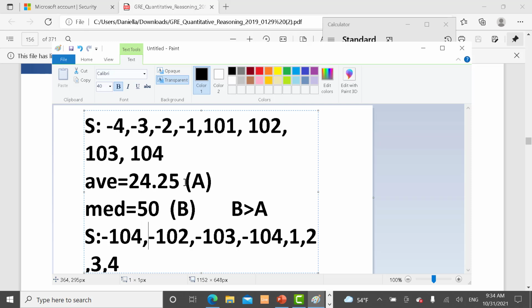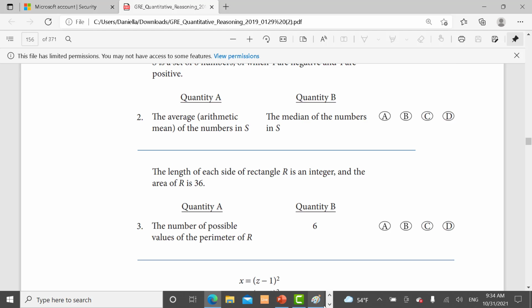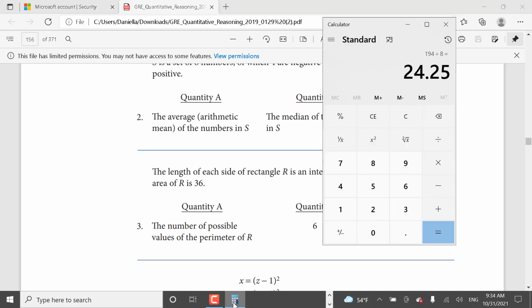It should be -104, -103, -102, -101. All right. So now the average should be just the opposite with the... oh, my bad. Oh, my bad.